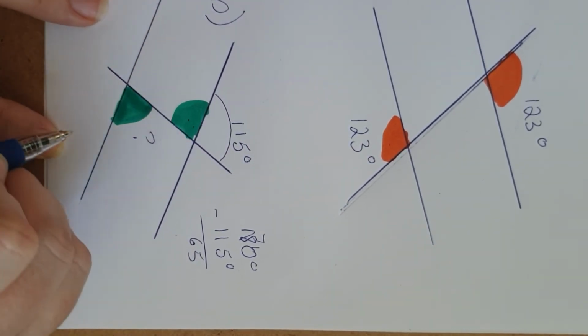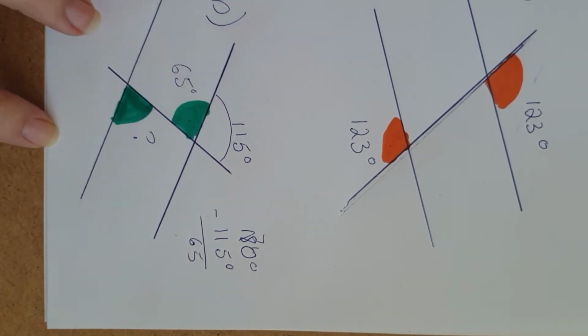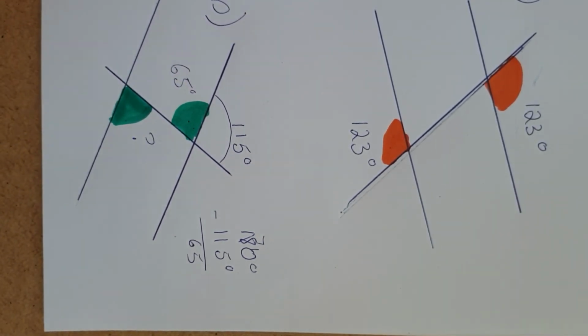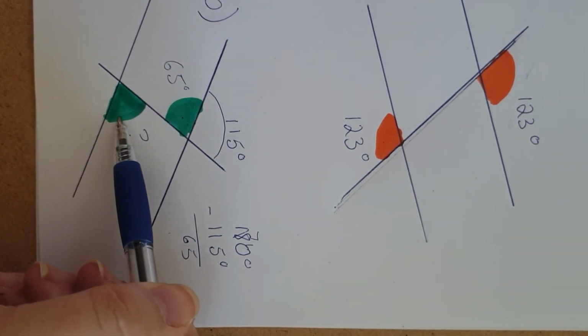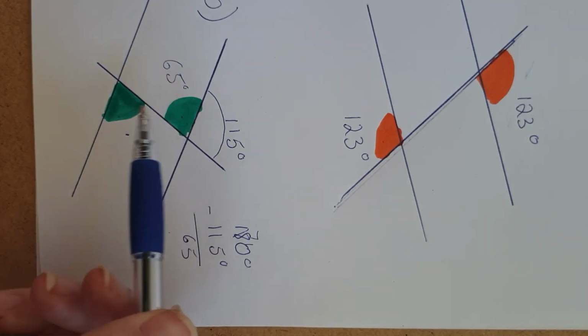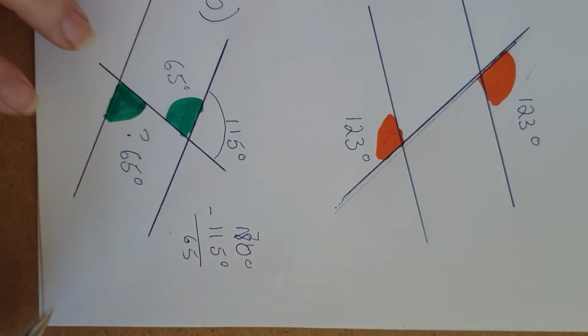So therefore, this angle here must be 65 degrees. And previously, we've already proved that this angle here and this angle here are the same. Therefore, if that is 65 degrees, that must also be 65 degrees.